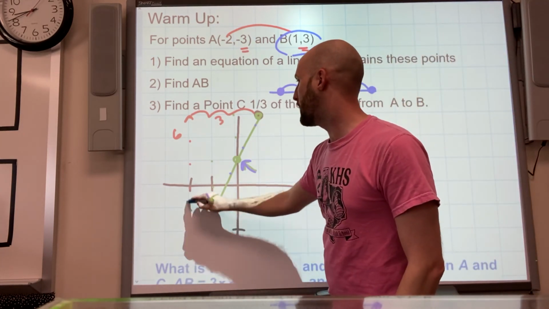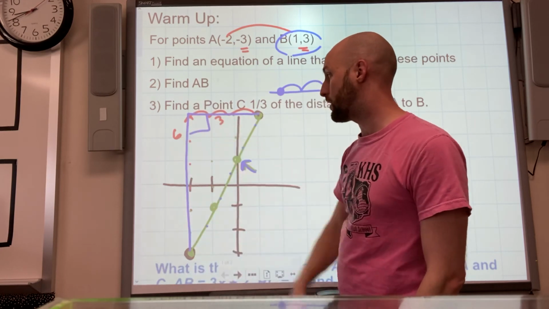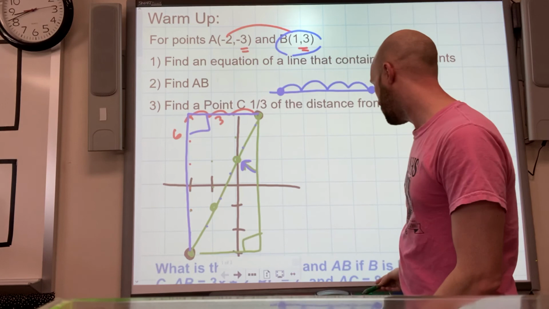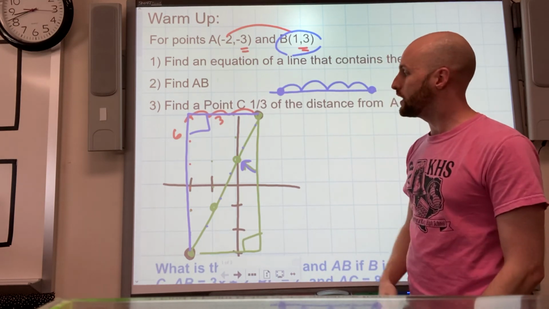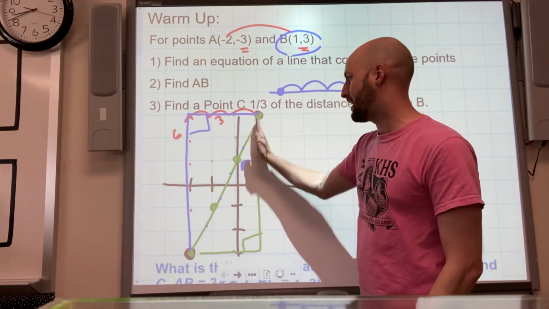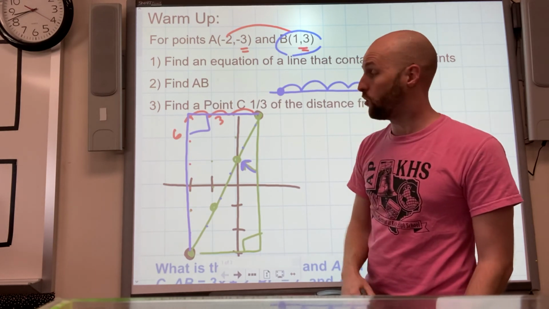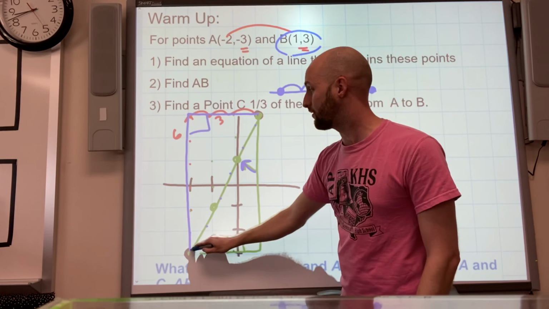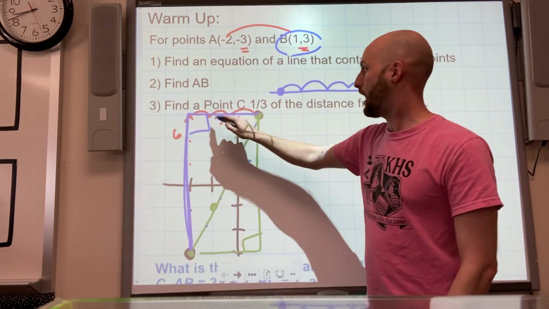So you need to look at a right triangle. It could be this right triangle, or it could be this right triangle. Both of them are going to give you the same information, but what I need to know is the base and height of that triangle. It's also the same numbers you counted for slope. So if I have the graph, I can see that it's 6 spaces and 3 spaces.